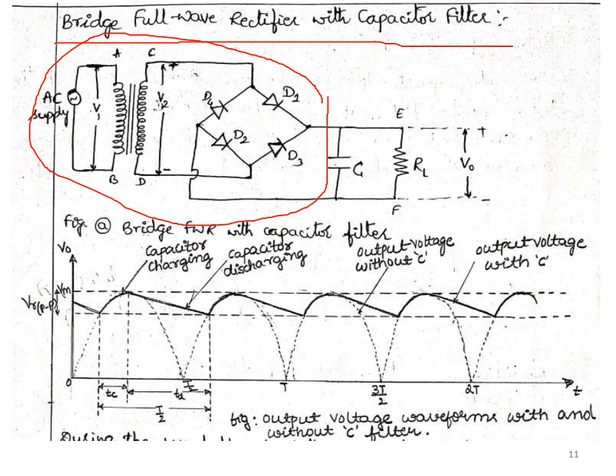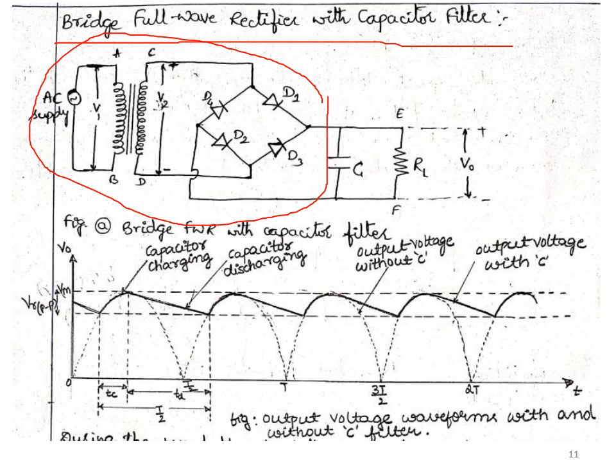Here also the dotted line indicates the output voltage without C, and this darkened line indicates the output voltage with C. Diodes D1 and D3 will conduct in forward bias, and D2 and D4 will be in reverse bias.